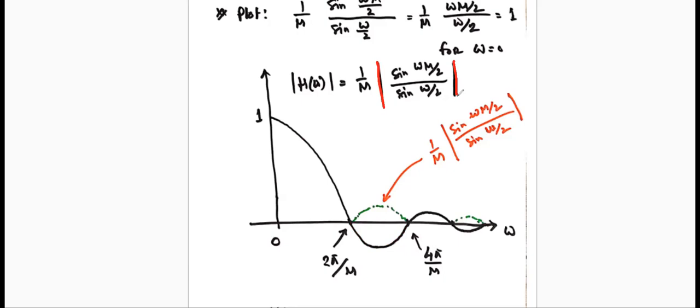First of all, we need to understand why we put the absolute value in the magnitude response. Because logically we need to take the positive values only, not concentrating on the negative value. So conventionally this magnitude response should look like this red line only.